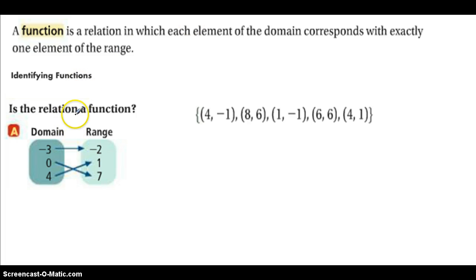So let's take a look at a special kind of relation. It's called a function. A function is a relation in which each element in the domain corresponds with exactly one element of the range. In other words, there is a one to only one relationship.